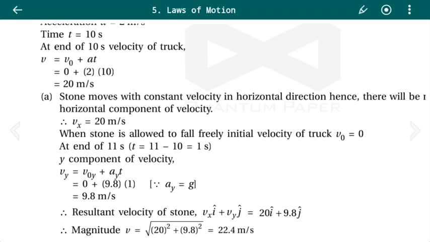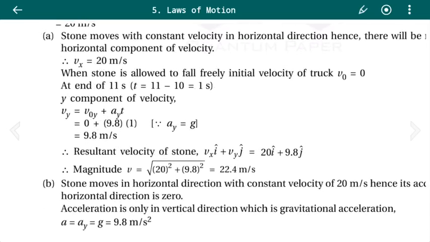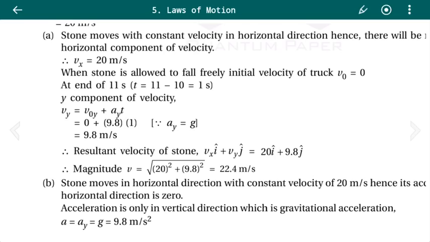So here V0 is 0 plus acceleration, that is y component of the acceleration, that is object is falling freely. So acceleration will be the gravitational acceleration. So it is 9.8 and t here is 1 second. So velocity along the y direction, that is the vertical direction, it is 9.8 meter per second.